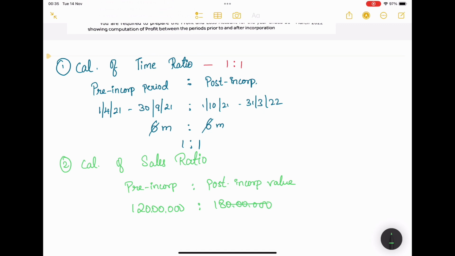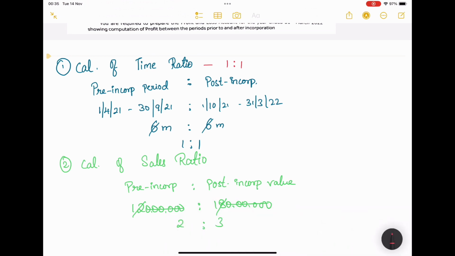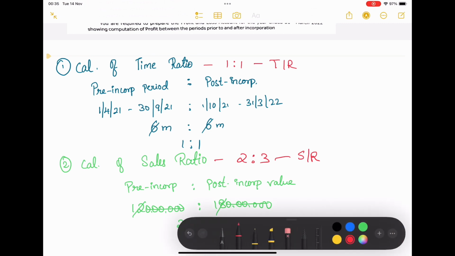If you cancel the zeros, we can use the tables: 6 ones are 6, 6 twos are 12, 6 threes are 18, so 2:3. So the sales ratio is 2:3. This is the sales ratio and this one is the time ratio. This is what we wanted, so we have already calculated these.